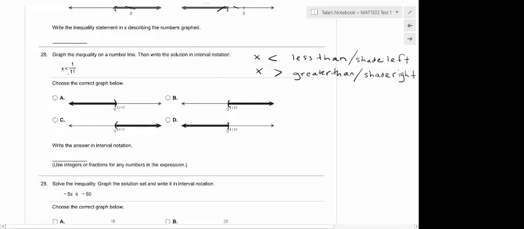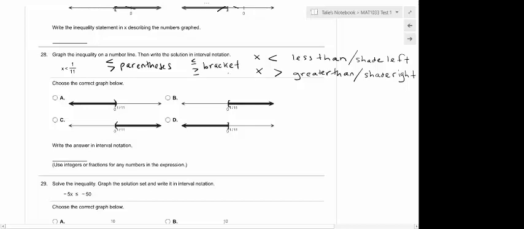Since it says less than, since there's no equal sign here, you're going to use parentheses, because it's not allowed to equal that number. So anytime you see this symbol or this symbol, you're going to use parentheses with the number. Anytime you see this symbol or this symbol where it's allowed to equal the number, you're going to use a bracket.